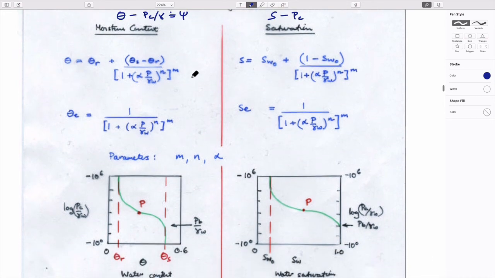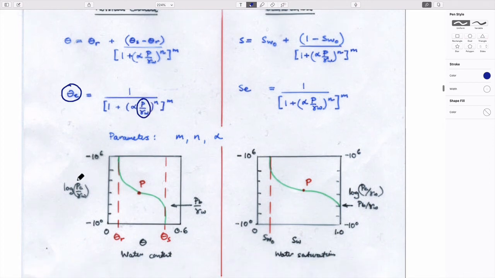And the idea is that if you can define the shape of the curves, you can fit a series of parameters to them. And so the effective moisture content is linked to the matrix potential. So these are the two parameters that exist on this curve here, right?